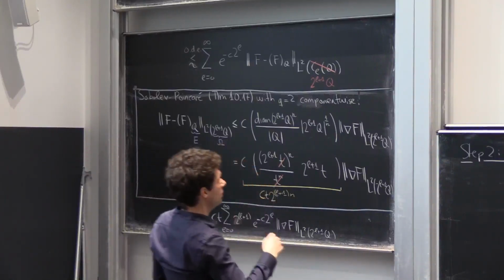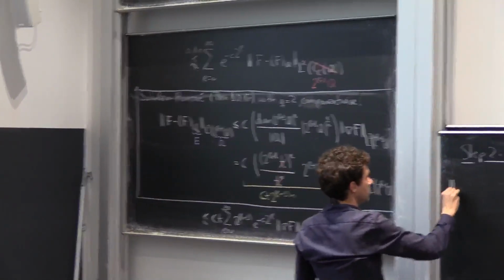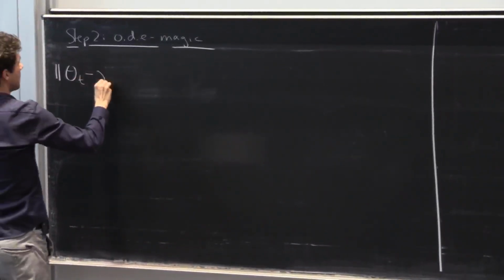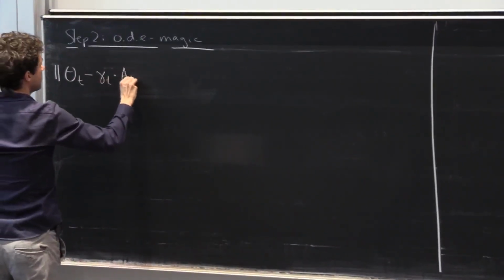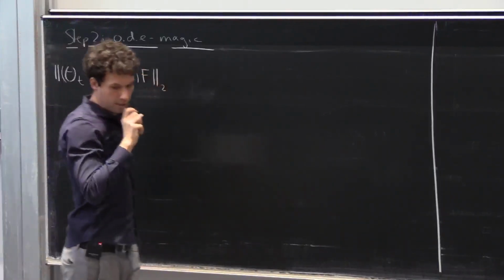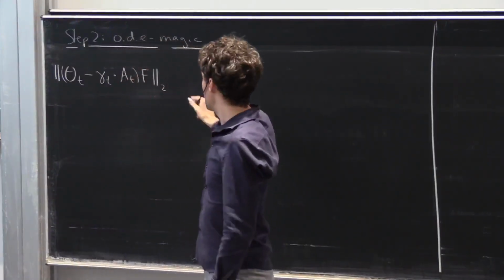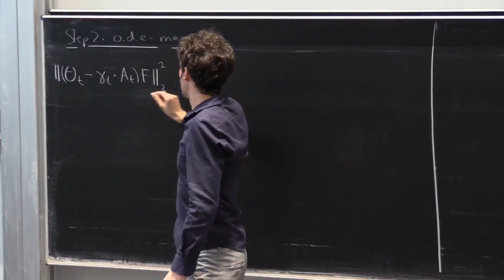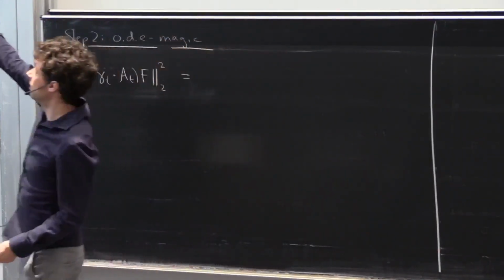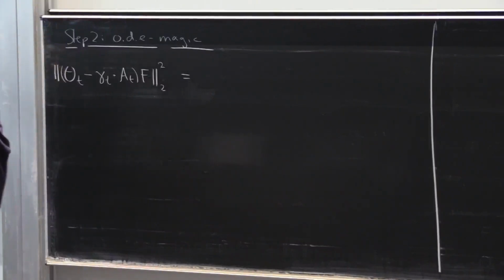So how does it go? Well, I start with theta t minus gamma t times A applied to f. I take the global norm, squared, say. The global norm here is nothing else but the local norms that are already estimated, squared, and then I sum over all cubes, because the cubes at generation t are a partition of R to the n.